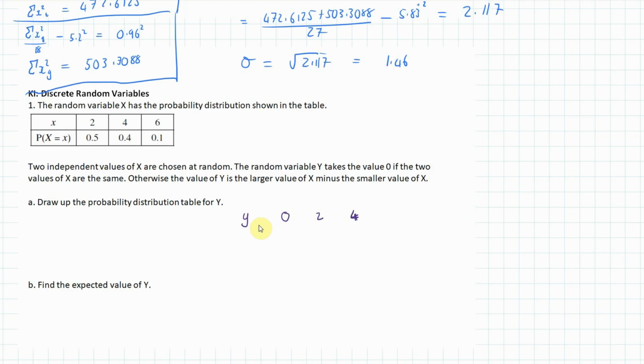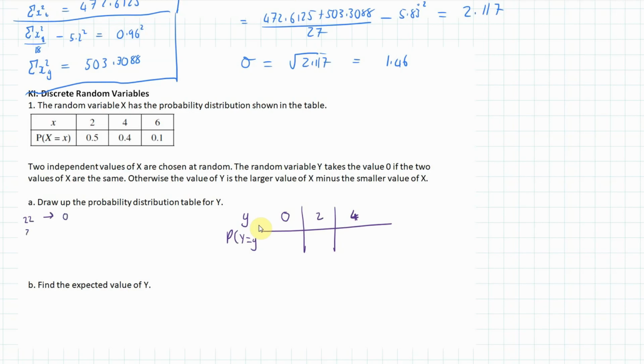Now, the probability that y is equal to a particular value of y, this is what we've got to figure out here. So if you get 2 and 2, that gives us a value of 0.